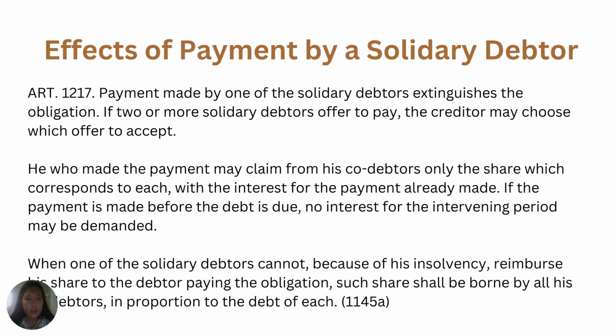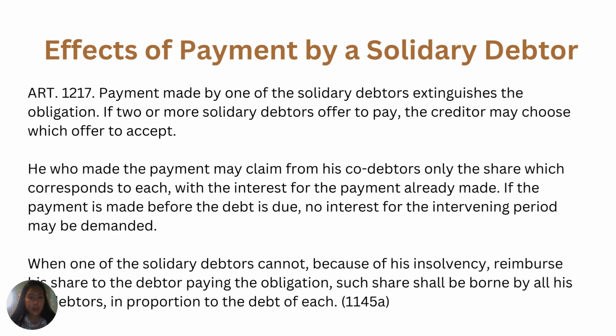Okay? So the effects of payment by a solidary debtor. According to Article 1217, payment made by one of the solidary debtors extinguishes the obligation. If two or more solidary debtors offer to pay, the creditor may choose which offer to accept. He who made the payment may claim from his co-debtors only the share which corresponds to each, with the interest for the payment already made.